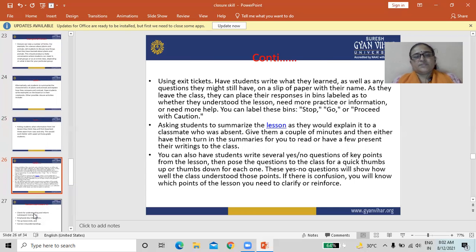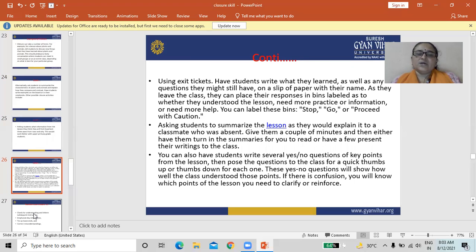Using exit tickets, have a student write what they learned as well as any questions they might still have on a slip of paper with their name.